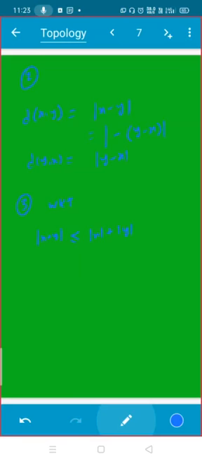Do you remember the proof of the triangle inequality? You can do it by taking some cases, both positive, both negative, one positive and one negative. If you know this, then can you quickly say about d of xy?